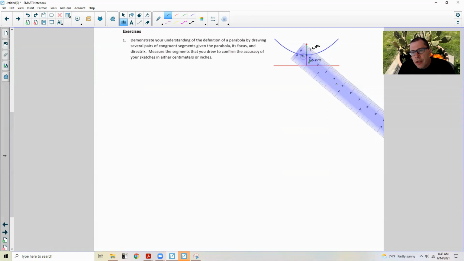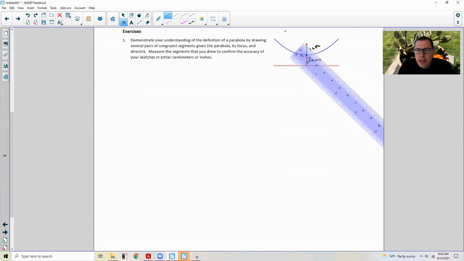Accuracy is key. I'm just going to rotate it until I get to 1.5, and I'm off the grid, unfortunately. So how about I go out to here, which is 0.7 centimeters or 7 millimeters.